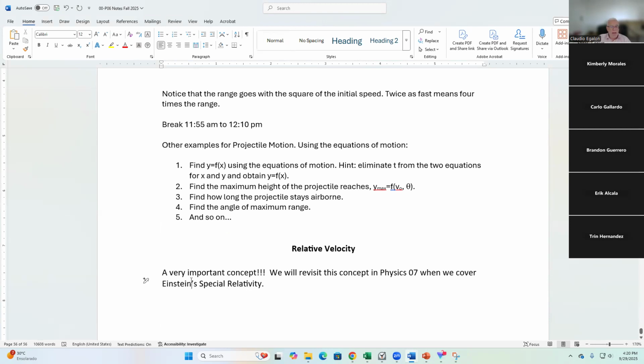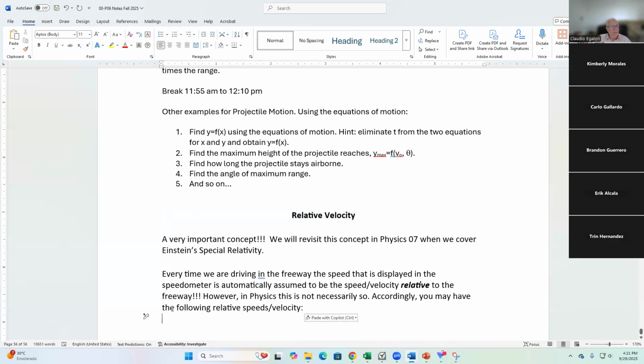If you want to understand Einstein's special relativity, which is a very weird theory, you got to understand relative motion. We have to understand what we're going to cover right now.